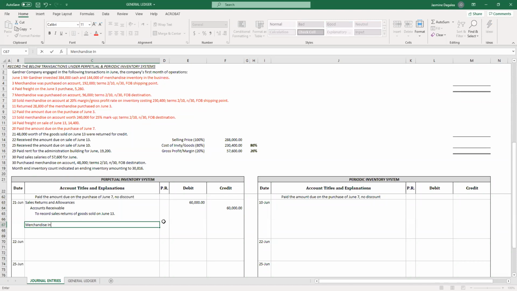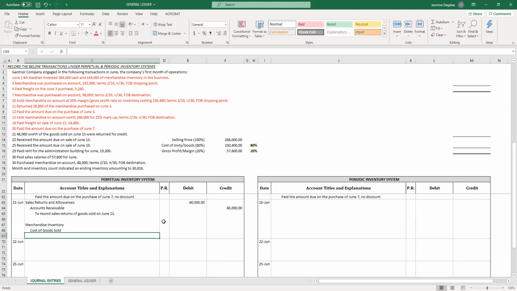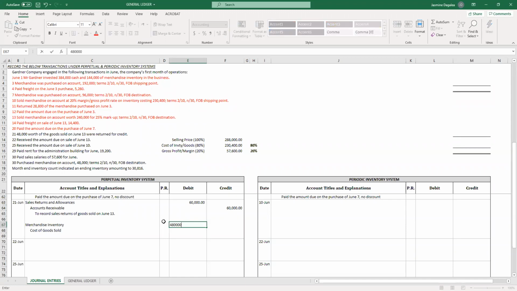So, madadagdagan yung merchandise inventory account nyo. I-record nyo ulit. Credit, cost of goods sold. Kasi, i-reverse nyo yung cost of goods sold na ni-record nyo upon sale. So, ito naman, yung cost ng inventory lang. So, given sa problem, 48,000. Okay? Nagets nyo na ngayon?